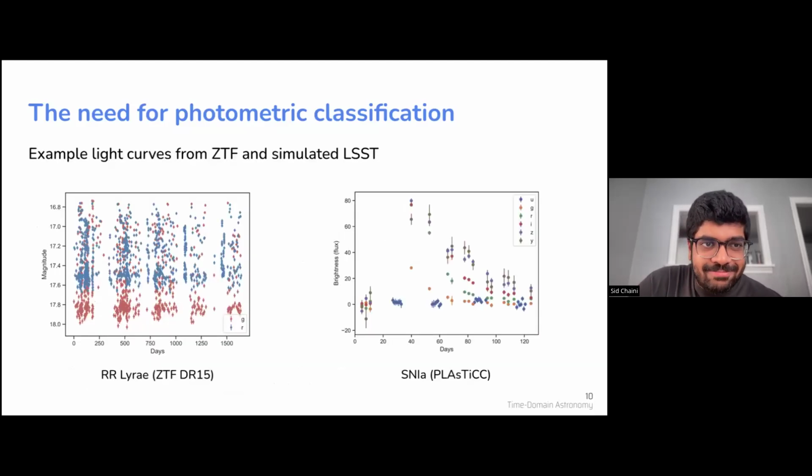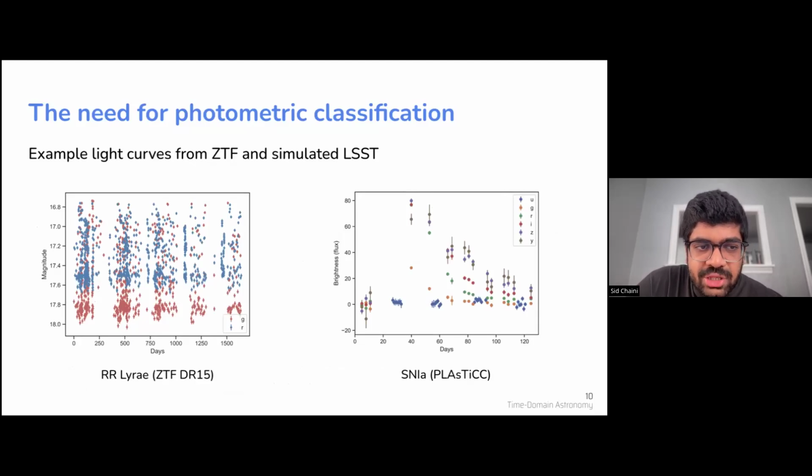So here are some example light curves from ZTF and the LSST, which is still not out yet. The left one is real data. It's from ZTF data release 15, and it's an example of a variable star, RR Lyrae. The right one is a plot from the PLAsTiCC data set, which is a simulated LSST data set.